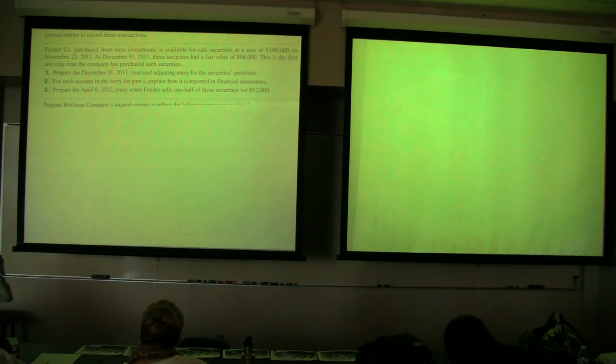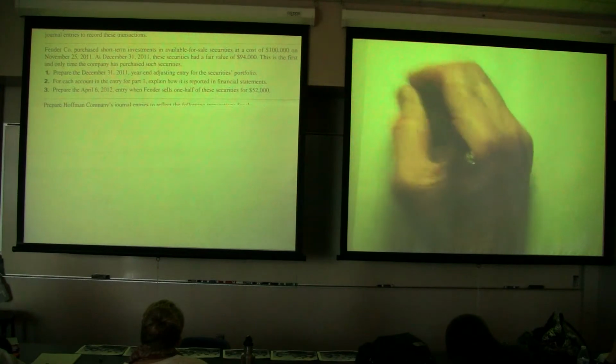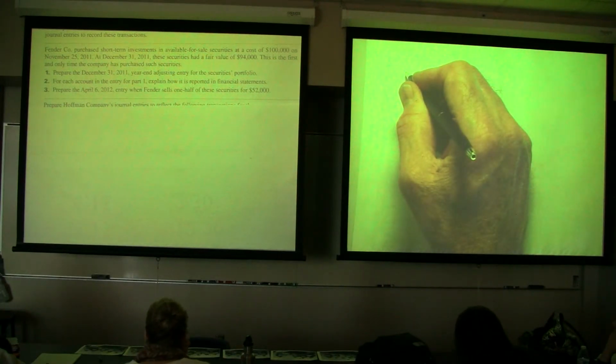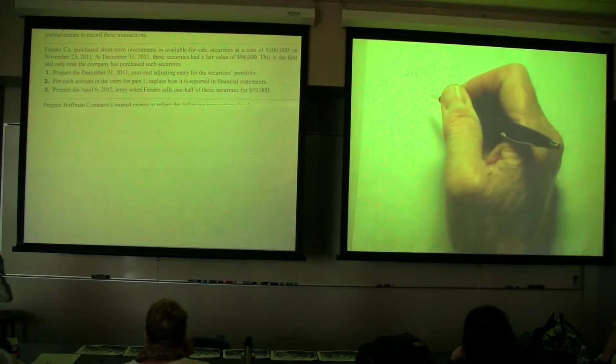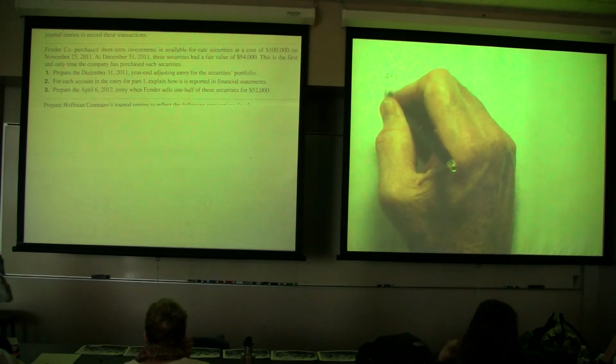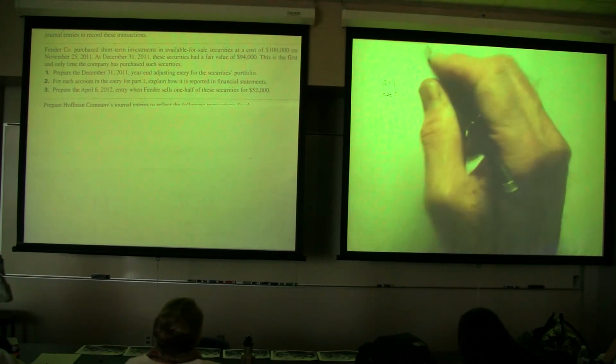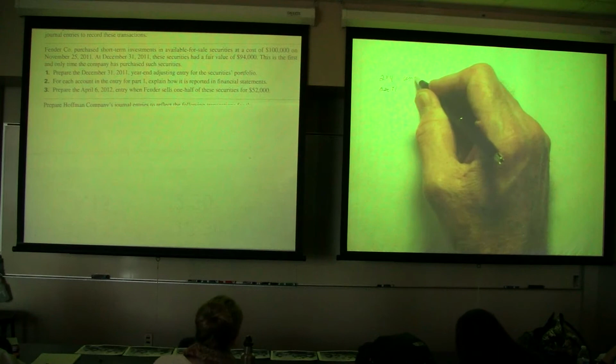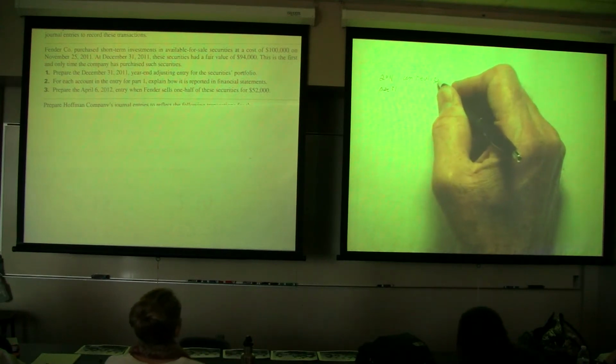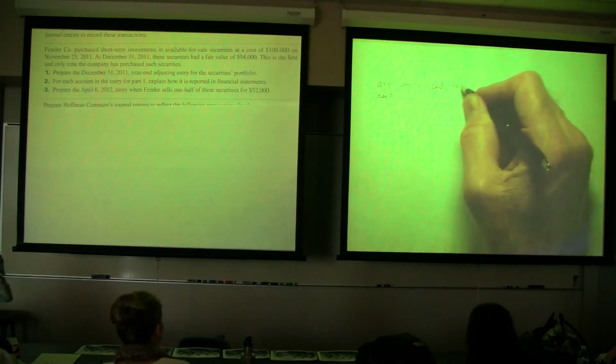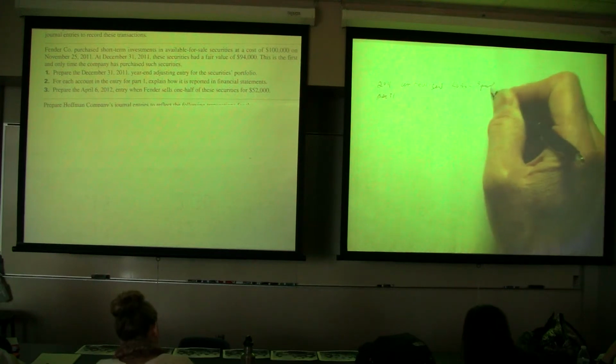So the year-end adjusting entry will then look like this, okay? So we have, this is 2011, okay? This is December 31. We have an unrealized loss, equity, okay?